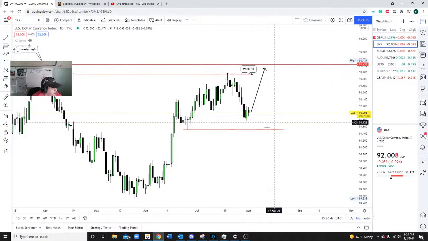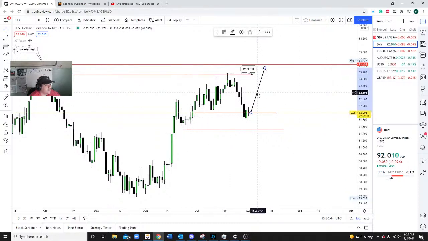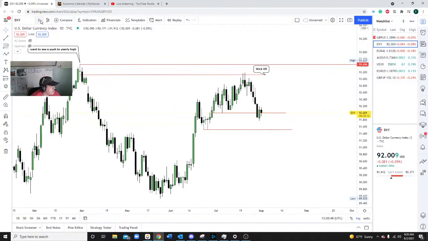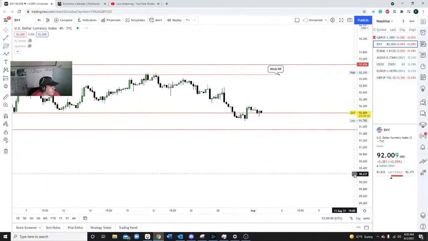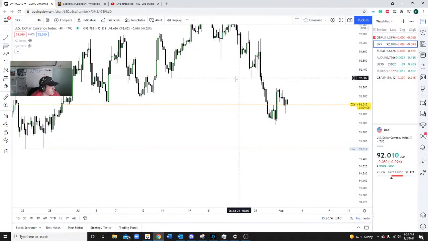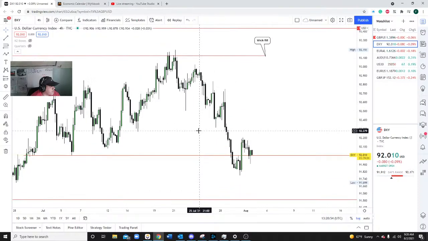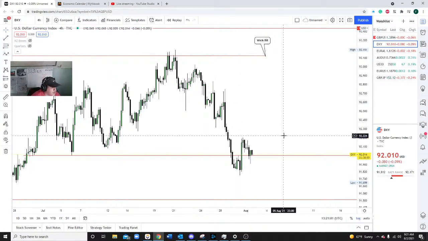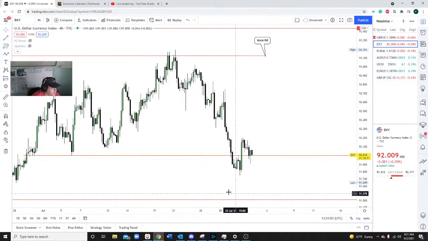You know what I mean? It really all depends. But yeah, dollar had an interesting bullish run back up and a break and retest, so we'll see.